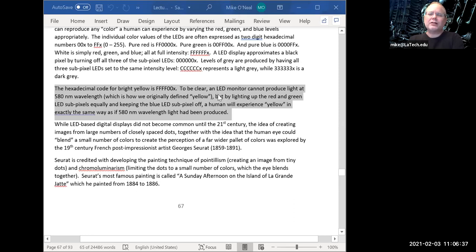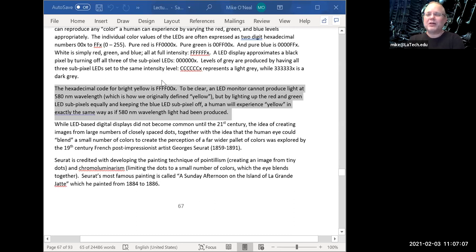So if you look at a light emitting diode monitor, an LED monitor, you see a lot of white and a lot of black. But if you were to sneeze on your monitor, or more sanitarily, flick some water at your monitor so that the little water droplets would act as lenses, you would actually see that a white pixel is not a white pixel.